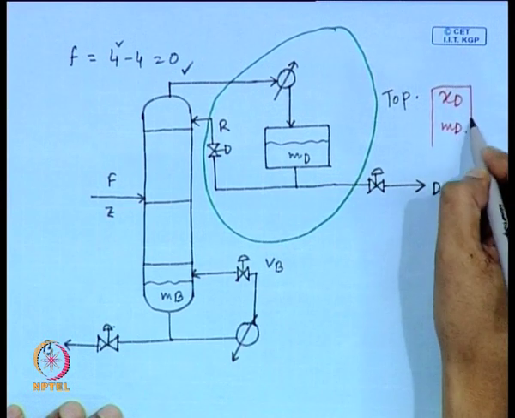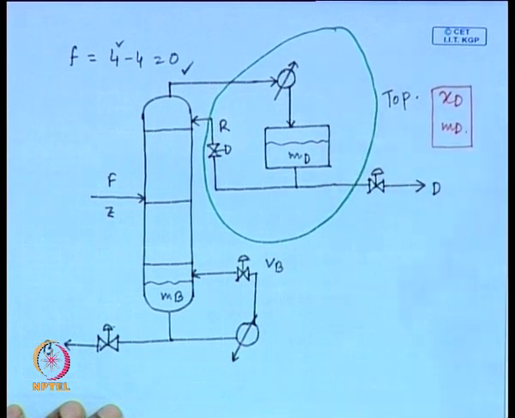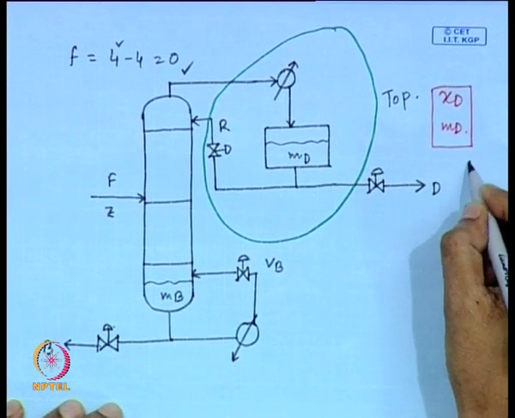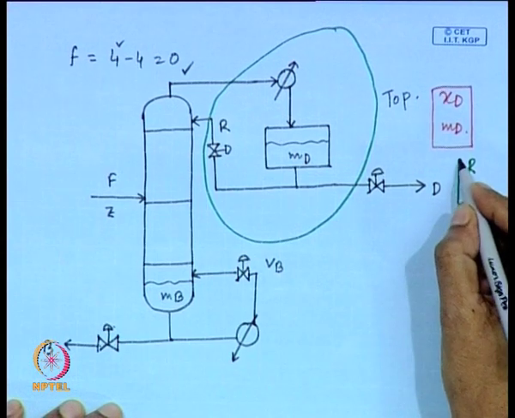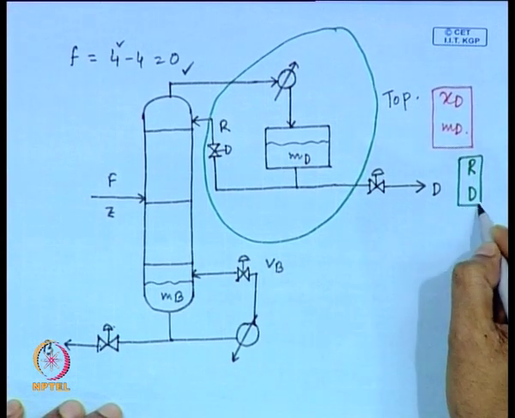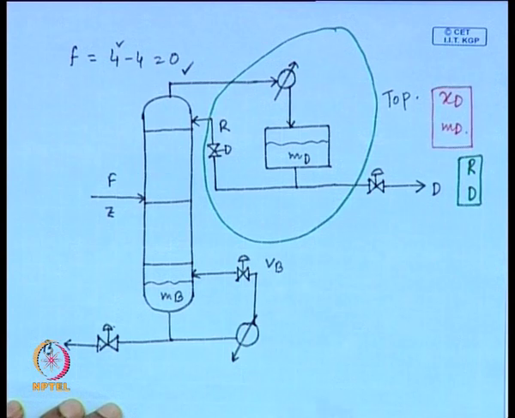These two we have selected based on our control objective. So, how many variables are available for manipulation in the top section? Two variables are available for manipulation. What are those variables? One is R, another one is D.